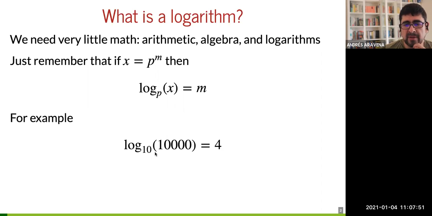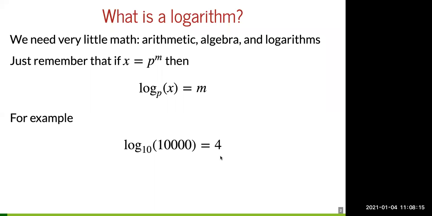Practical example, 10,000. If you want to know what power of 10 is 10,000, in other words, if here p is 10, to which power do I have to raise 10 to get 10,000? I think everybody knows. You count the zeros. You have 4 zeros, no?